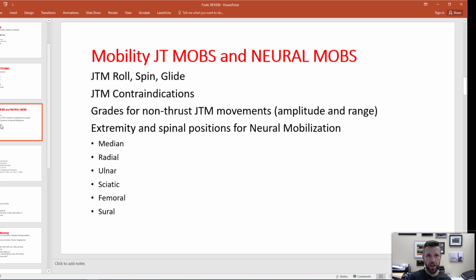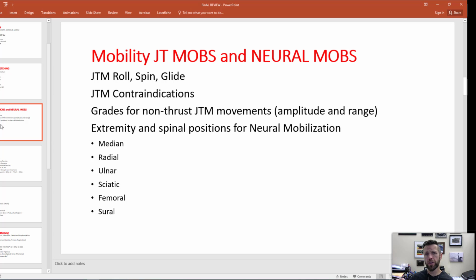We want to move now to neural mobilizations, and some of the biggest things there is just for you to understand what those positions look like, right? So we gave you 3 upper extremity, 3 lower extremity. You saw some pictures on that. You can go back and reference the original PowerPoint, and that would probably be your best bet. But think about what the upper extremity and lower extremity movements should be.